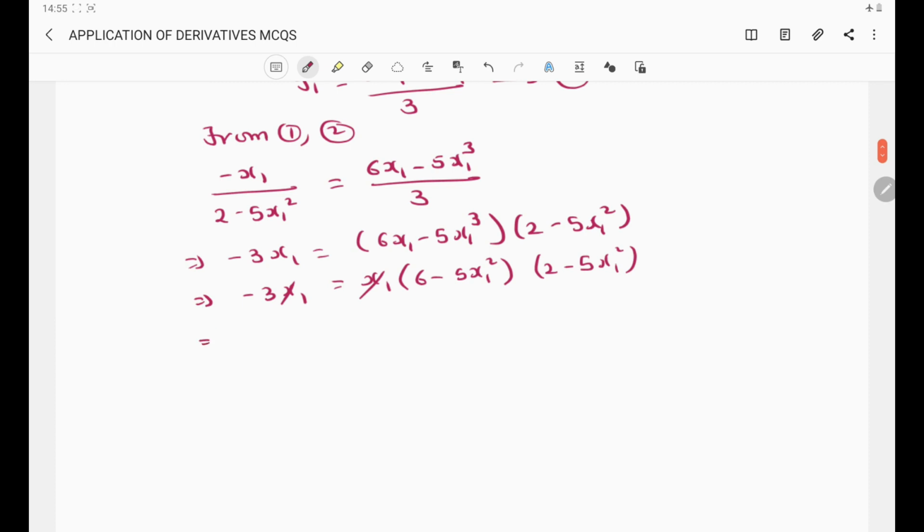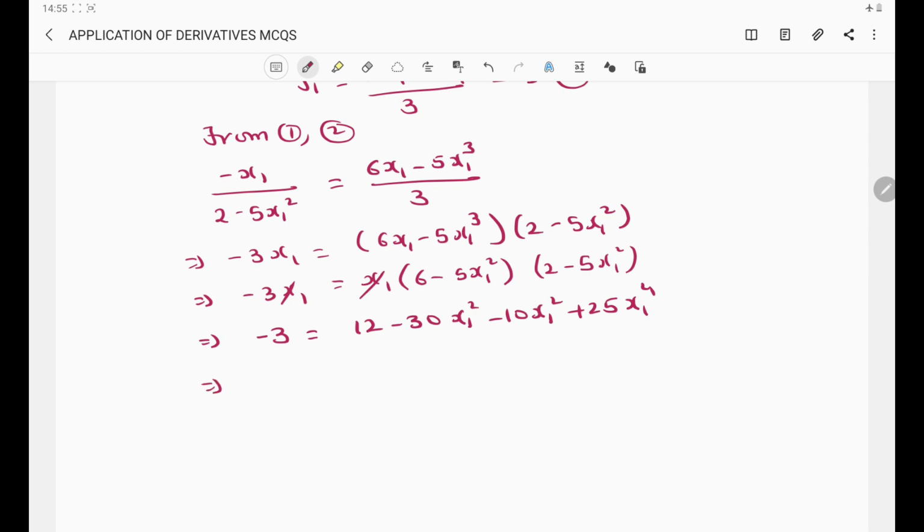So this gives us minus 3 is equal to, let's simplify this, 12 minus 30x1 square minus 10x1 square plus 25x1 to the power of 4.